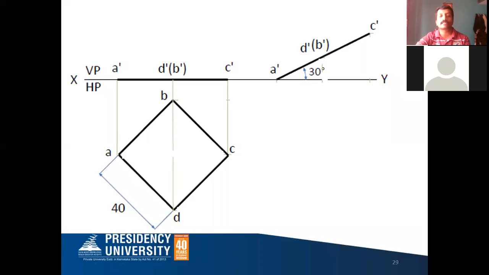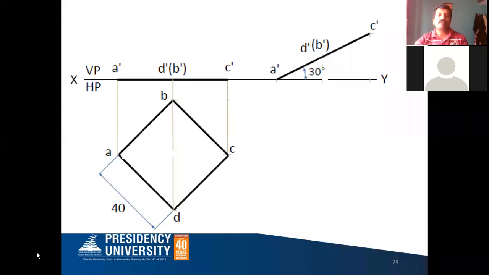Now I will take the A dash C dash distance as the radius and cut this 30 degree line, and I will call that point C dash. After that, take the A dash D dash distance, cut it over here, and mark that point as D dash and B dash. So this completes your second position front view. So what exactly have you done here?